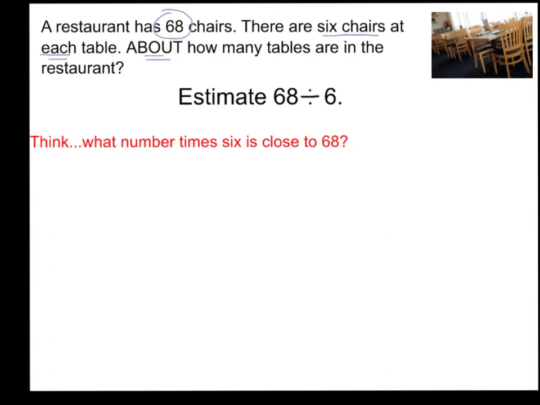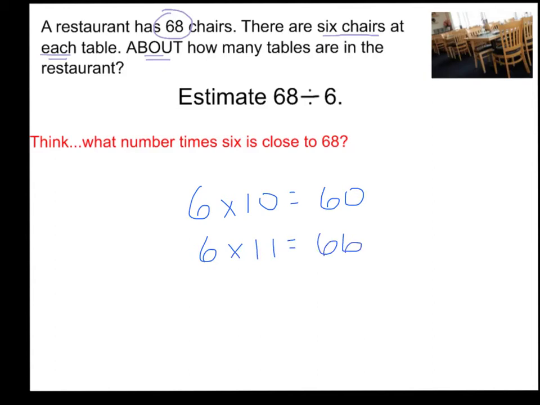Remember on that last question that we had about 196 divided by 4, and I said you can get there faster by counting by tens? Well, do the same thing with 68 divided by 6. 6 times 10, I know, is 60, and that's really close to 68. But I even know that one more group of 6, 6 times 11 equals 66.